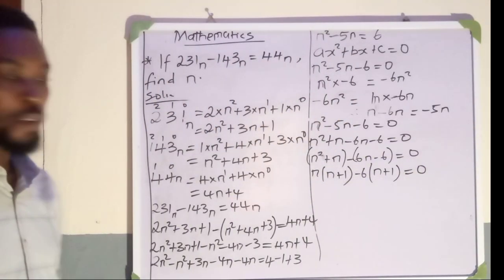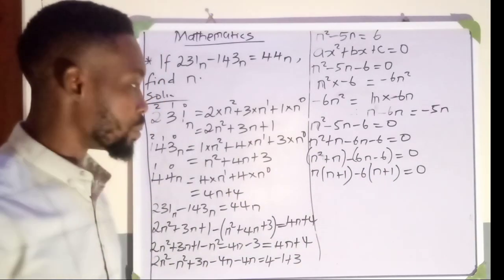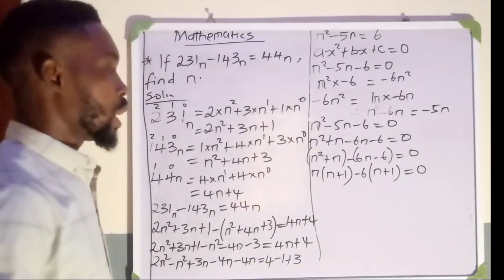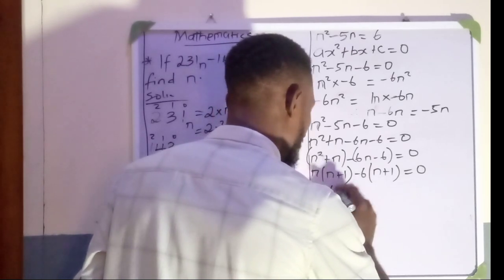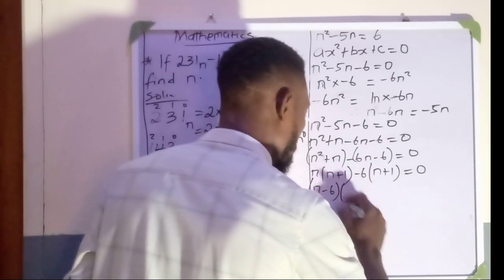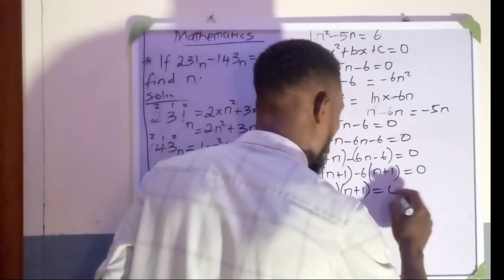If you observe this, you can see that what we have in these two brackets are the same, n plus 1. So we can now say that n minus 6 multiplied by n plus 1 is equal to 0.